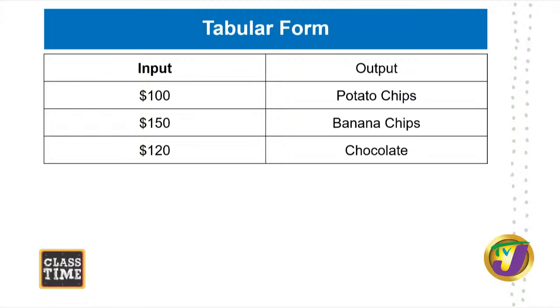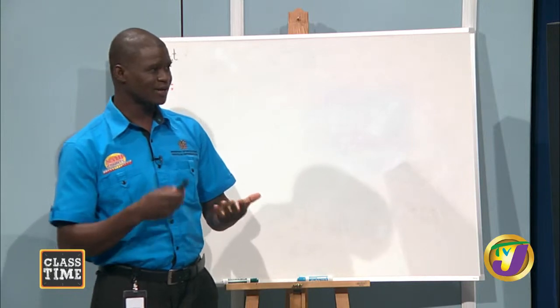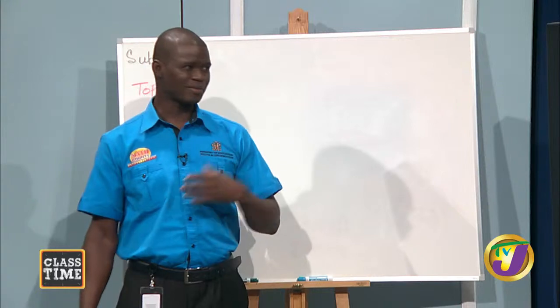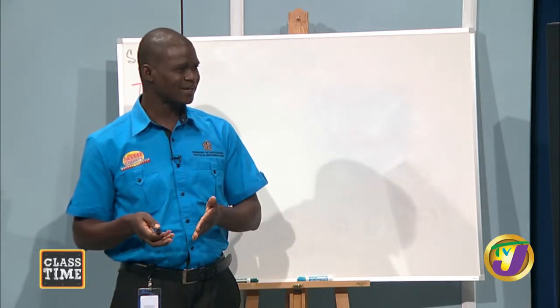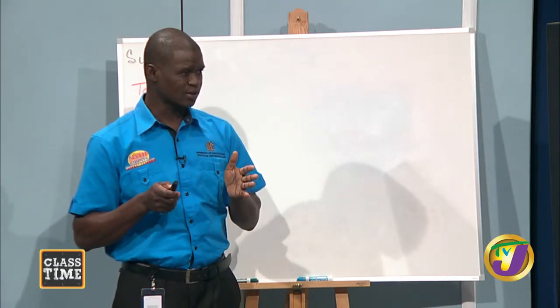We have to note carefully that the input gives one and only one output value. If it gives more than one output, it will not be a function. As you would have learned in other classes, there are other relations which are not necessarily functions: the one-to-many, the many-to-one, the many-to-many. But those are not functions. It has to be one-to-one to be classified as a function.